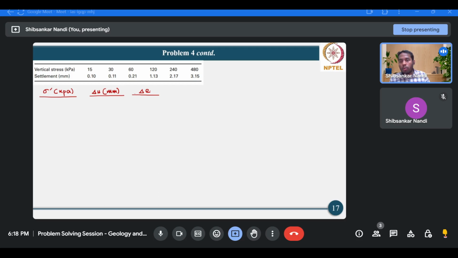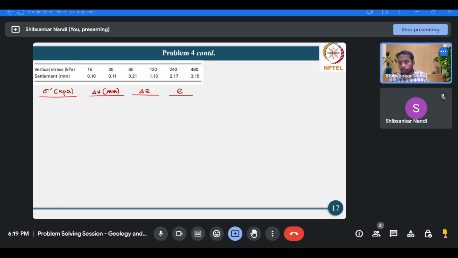Once we know the reduction in the void ratio, we can calculate the void ratio at the end of this step. These are the few steps we have to perform before having the void ratio data corresponding to each vertical stress increment.